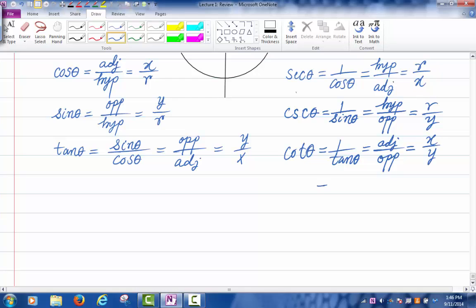You also realize that this is simply cosine of theta over sine theta, right? So notice one thing: once you know the values of sine and cosine at an angle, do I know the values of the other ones automatically? Yeah, all I have to do is just take the reciprocals or the ratios of the two. Okay, so those are the definitions of the trig functions.